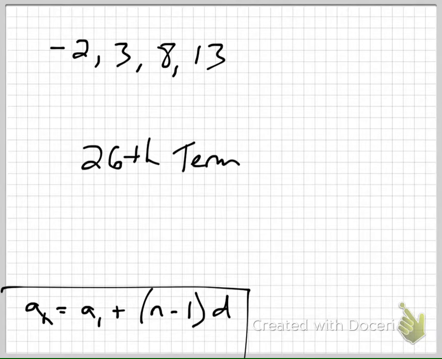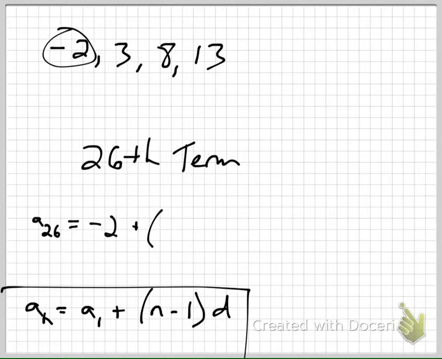A_n. What does the n stand for? The number that we're trying to find, the number you want. We're looking for the 26th term. That means that n is 26. So A_26 equals, what does A_1 mean? The first term, negative 2, plus, what is n? n is 26, we already figured that out.